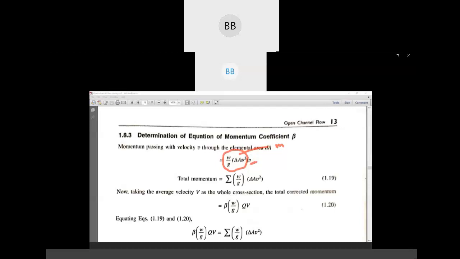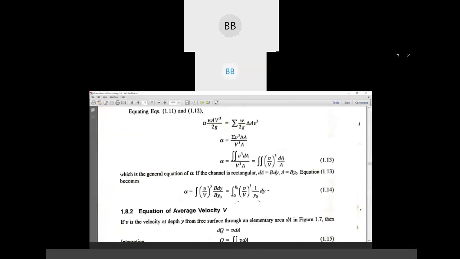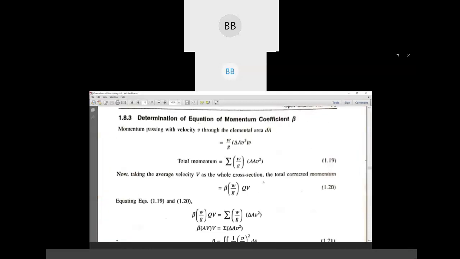Here we have one mistake, it shows only v square. This is a typing mistake, I think.